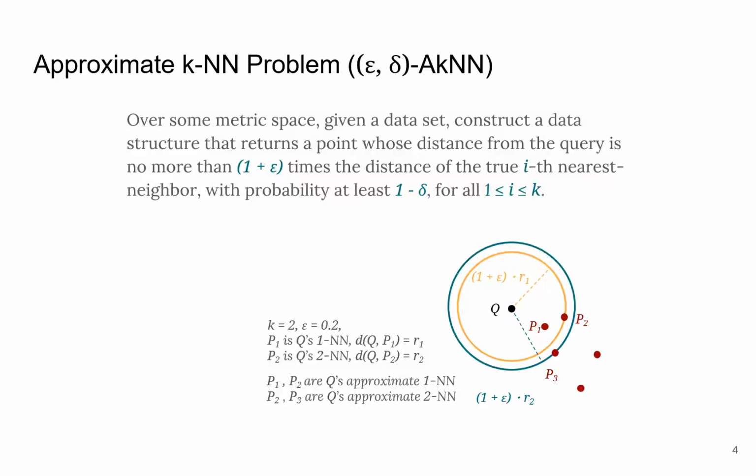And P2 is Q's 2NN, and the distance between the two points is R2. Now we say that P1 and P2 are Q's approximately 1NN since both points reside in the orange circle centered at Q of radius 1 plus epsilon times R1. And P2 and P3 are Q's approximately 2NN.